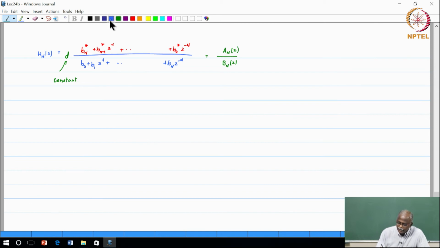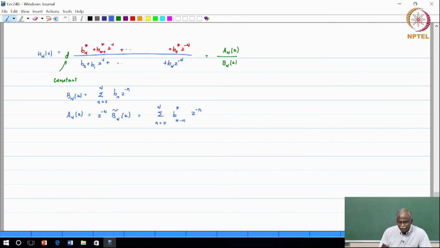Let us write down Bn of z as the polynomial, summation n equal to 0 to uppercase N of b of n z power minus n, and An of z is the para-conjugate with the appropriate shift, z power minus N B tilde of z, and that can be written as summation n equal to 0 to N of b of N minus n conjugate z power minus n.